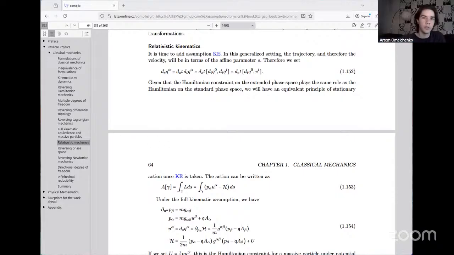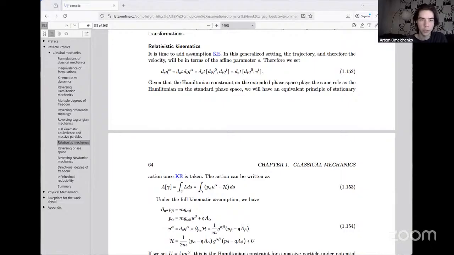So it is time to add the assumption of kinematic equivalence. In this generalized setting, the trajectory and therefore the velocity will be in terms of the affine parameter s.